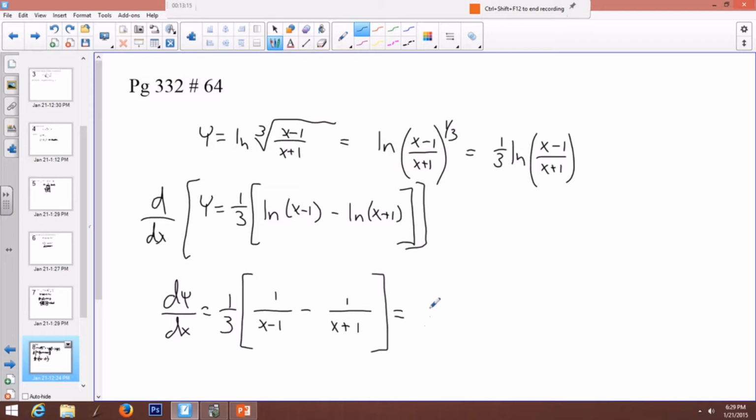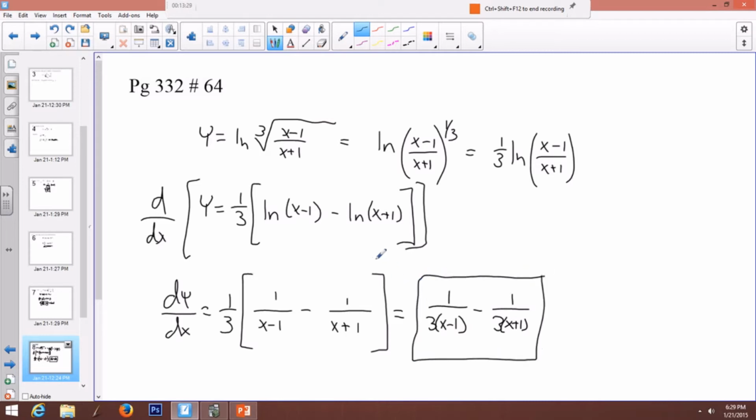It's not a problem, but it's not necessary. You can finish off saying it's 1 over 3(x minus 1) minus 1 over 3(x plus 1). But really, either of these two would be fine for this particular problem.